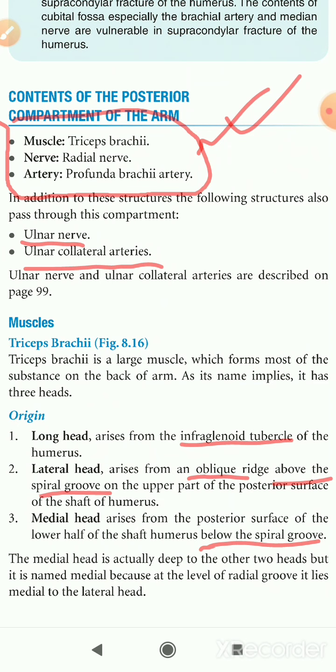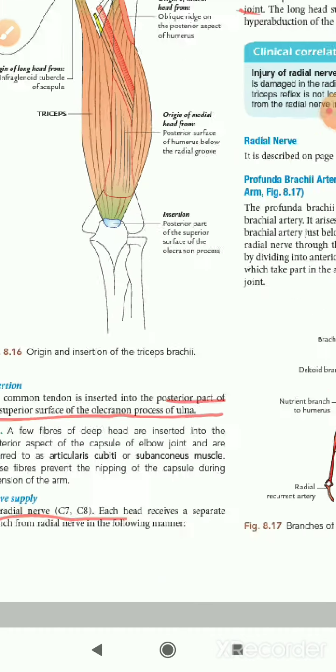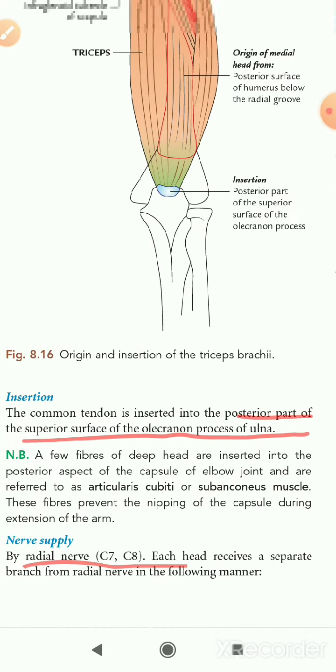The long head arises from the infraglenoid tubercle of the scapula, the lateral head arises above the spiral groove on the posterior aspect of the humerus, and the medial head arises below the spiral groove on the posterior aspect of the humerus. It is inserted on the posterior part of the superior surface of the olecranon process of the ulna, and the nerve supply is the radial nerve.